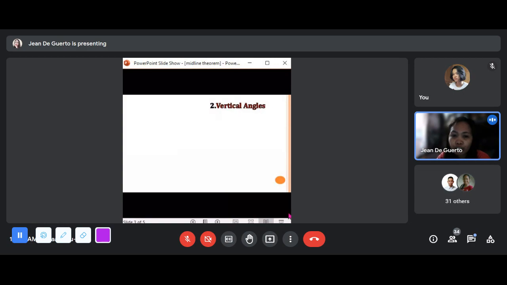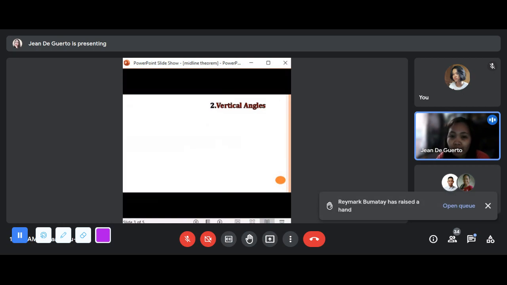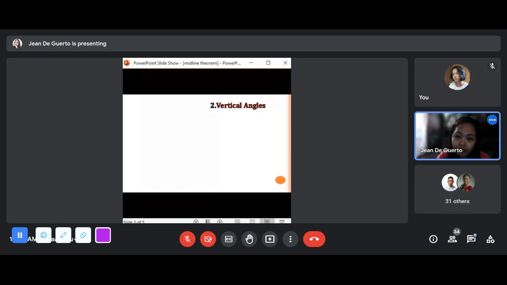So ano ba yung vertical angles? Again, Raymark. Ma'am, vertical angles are a pair of opposite angles formed by intersecting lines.